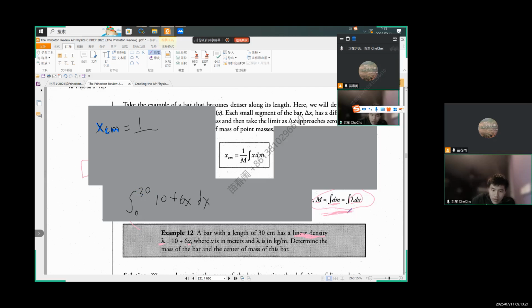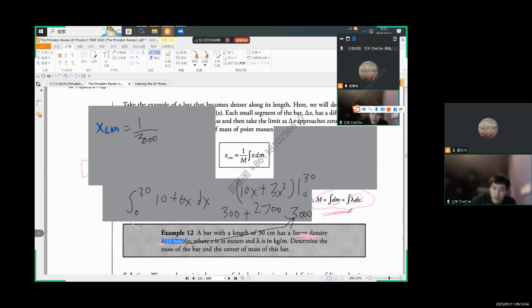So 10x plus 3x squared, evaluated from 0 to 30, plus 3 times 900. So 3,000. That's big M. That's also one of the answers it's asking for.